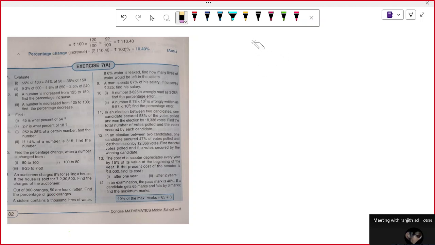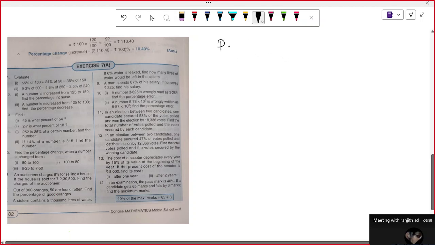Can you see the screen? All of you? Yes, sir. Okay, exercise 7A.